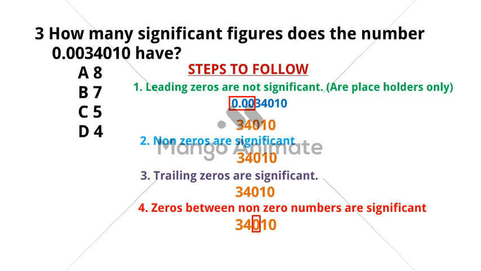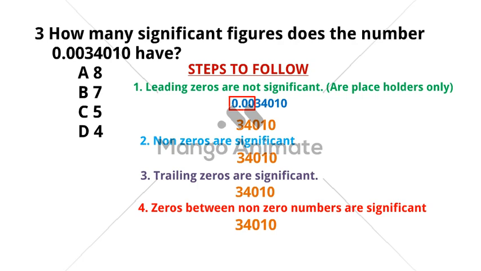We are saying this 0 is also significant. As you can see, we have utilized all the 4 rules, and yet we have remained with the same number, 34010.